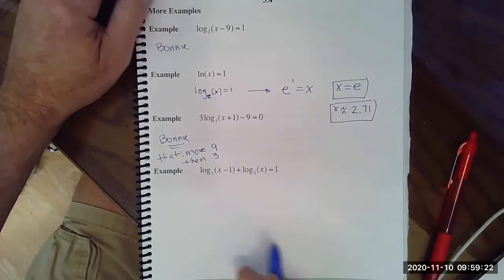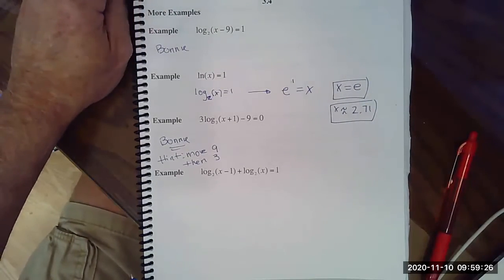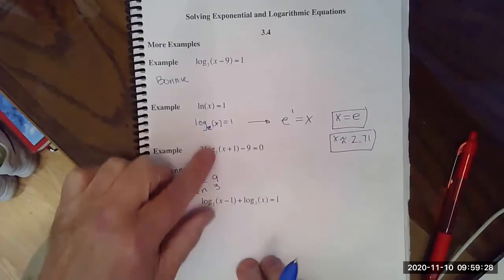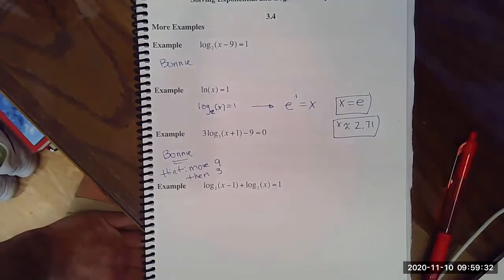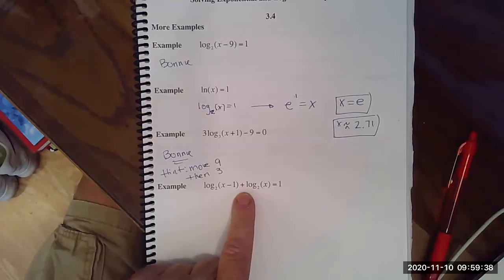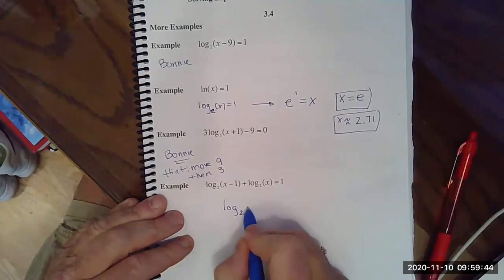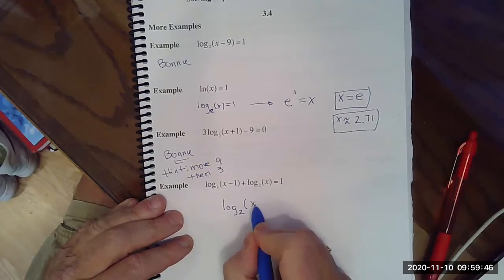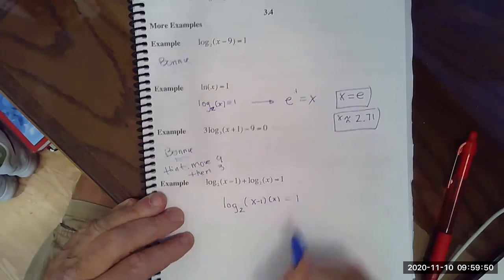Okay, this one here. What's different on the rest of them is there are multiple logs. There's only one log here, one log, one log. This one's got 2 logs. So you want to squish it together using a rule: the sum turns into 1 log as a product of the arguments. This here would be log base 2 of x minus 1 times x equals 1.